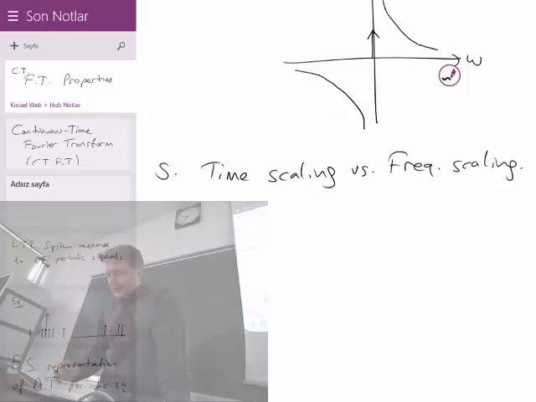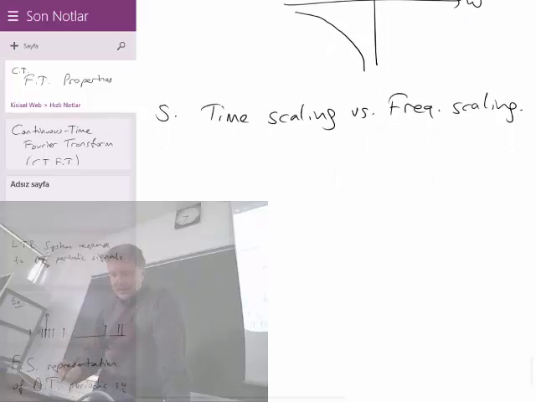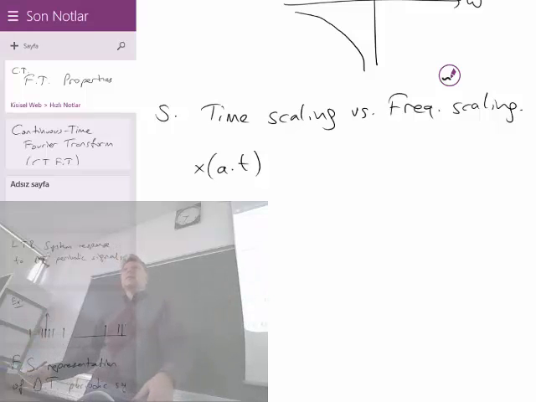In fact, you can solidify the whole concept like this. If you scale the time of your x of t signal by a, a can be positive or negative. If it is positive and smaller than 1 in magnitude, then it will correspond to an expansion. When you take the Fourier transform of that, you will get this expression.